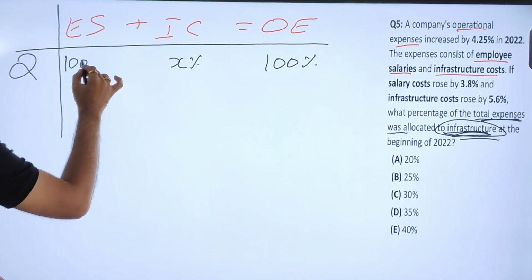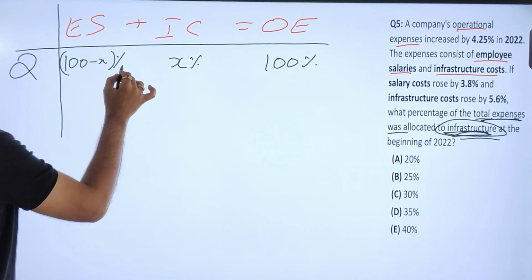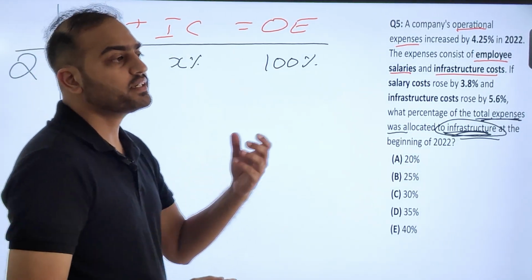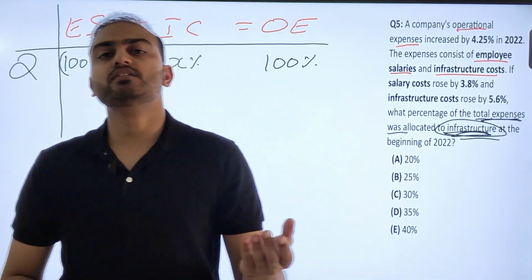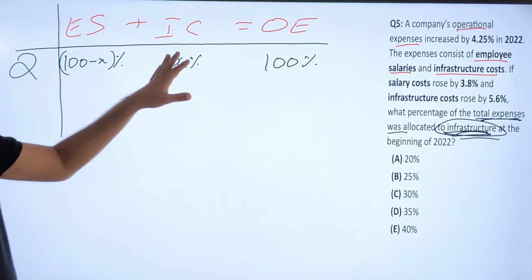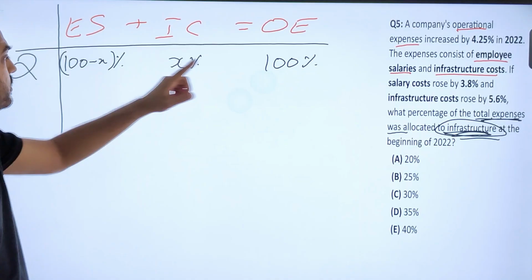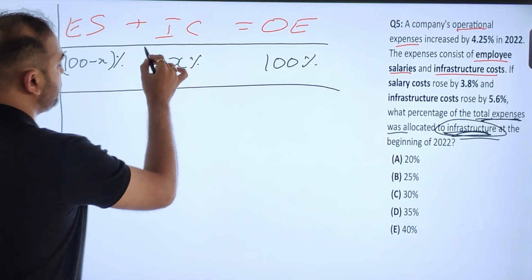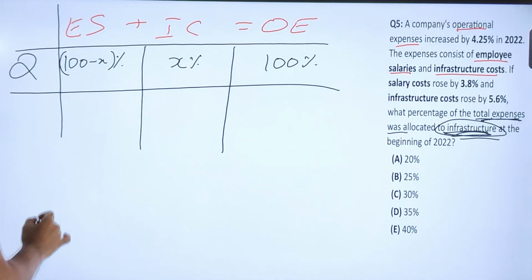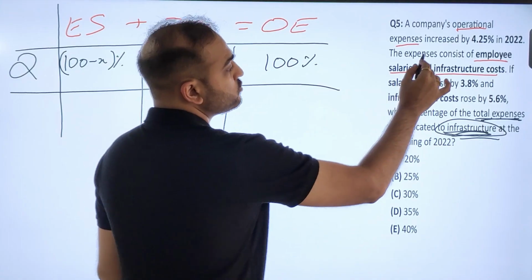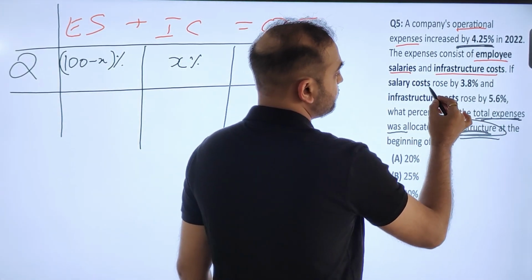If total is 100, this is X. That means employee salary is 100 minus X%. Think about it. If infrastructure comes to 10% of the total cost, that means employee salaries were 90% of the total cost. So similarly, X%, 100%, this means this is 100 minus X%. Again, let's look at the factor for which we make the equation. That's percentage increase.